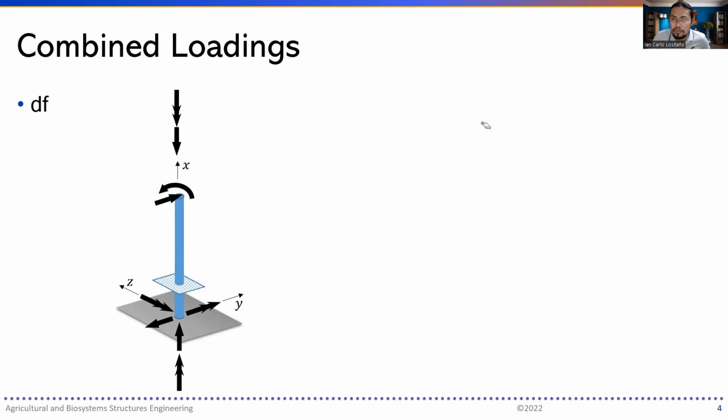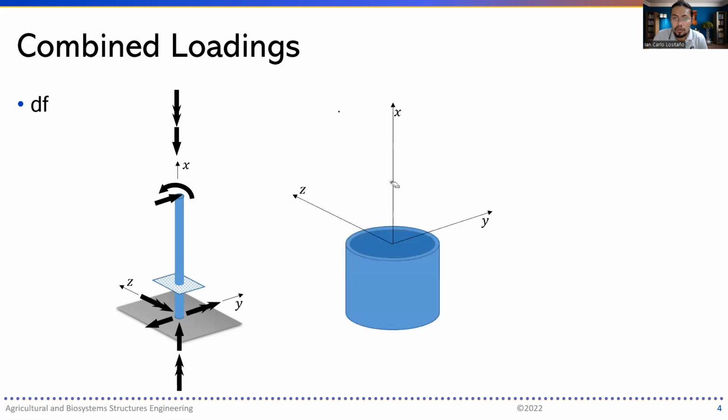So let's try to analyze this cross-sectional portion. We will be translating the different forces acting in the diagram on the left towards this specific diagram showing the cross section of this area.